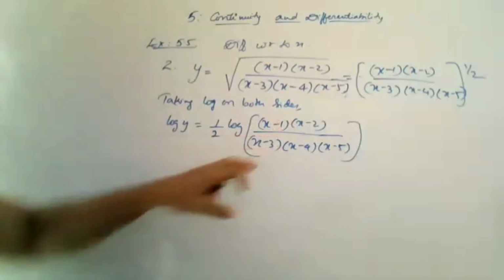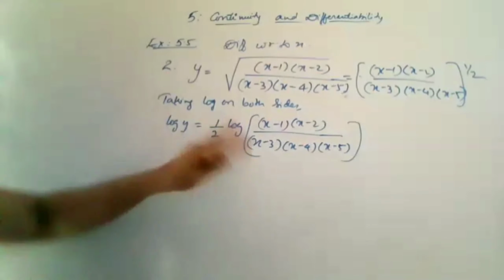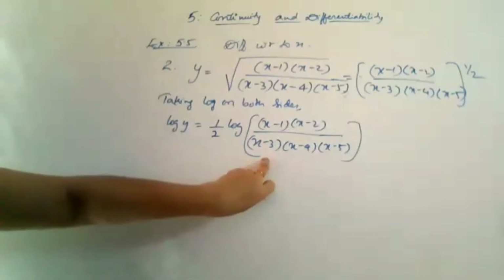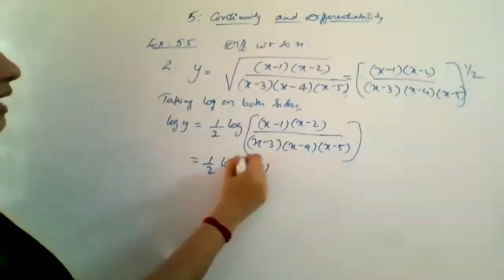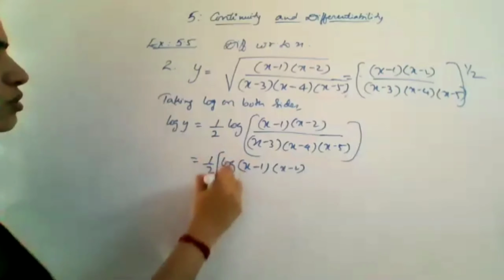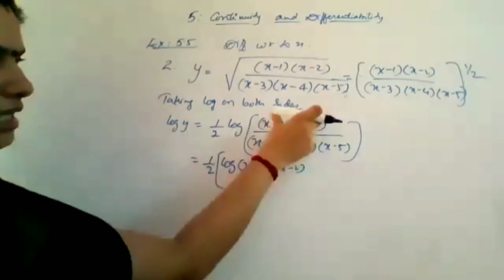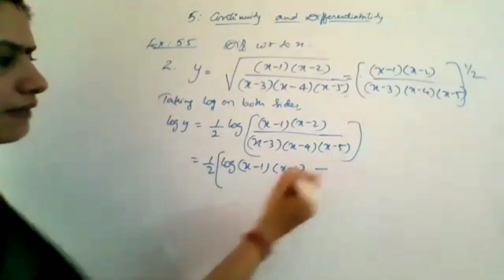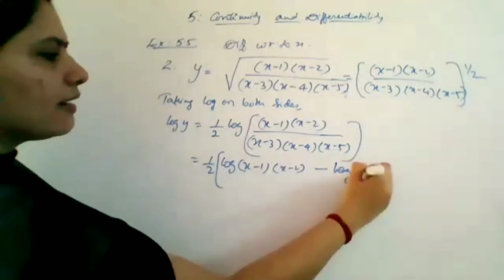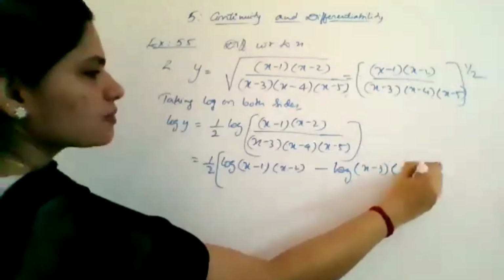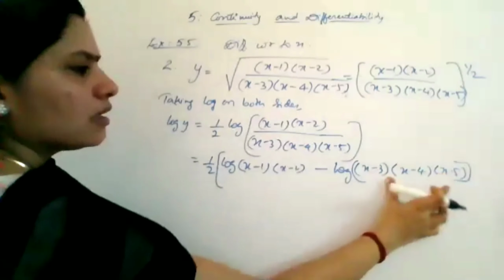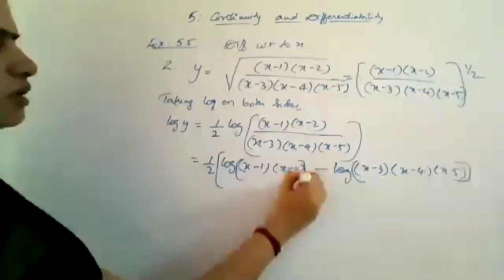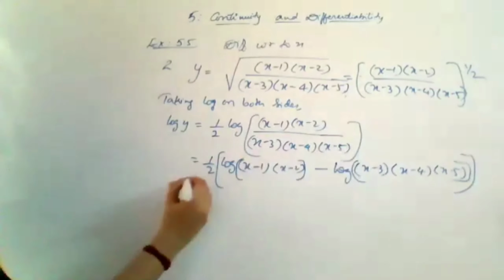Log of AB is log A plus log B. And since this is in the fraction, first you will get 1 by 2 log of (x minus 1) into (x minus 2). That is A by B form. So here you will have a negative sign and this will have log of (x minus 3), (x minus 4), (x minus 5). Then you just see this is a product, this is also a product. So again you can apply that log to both the terms separately.